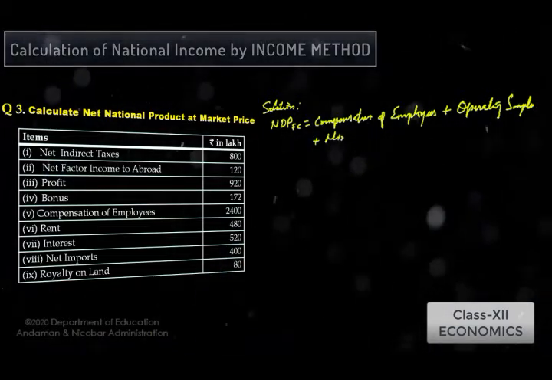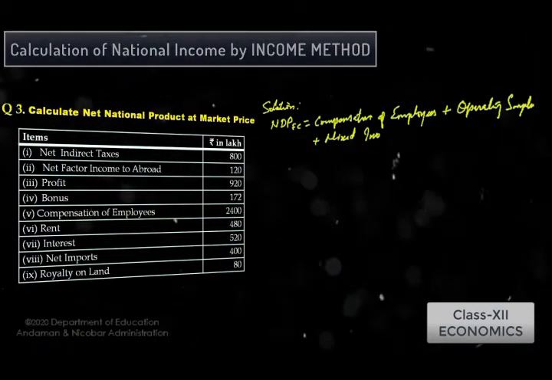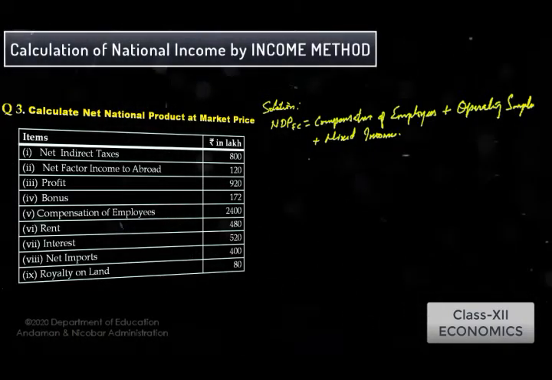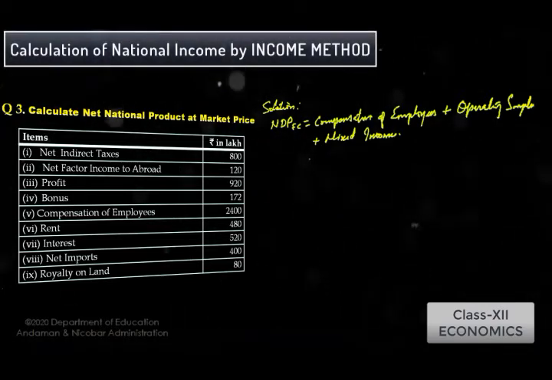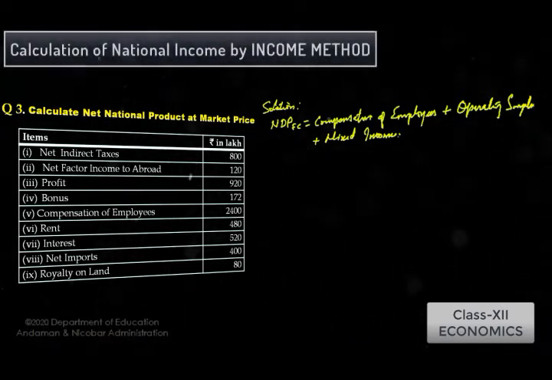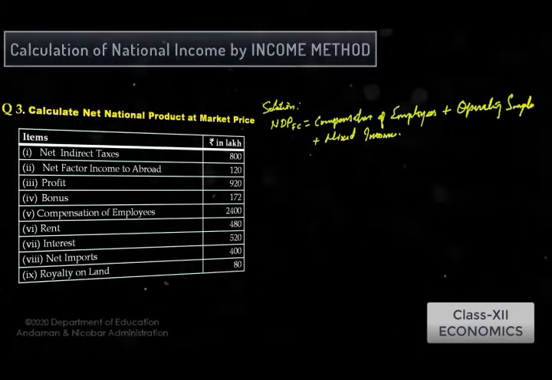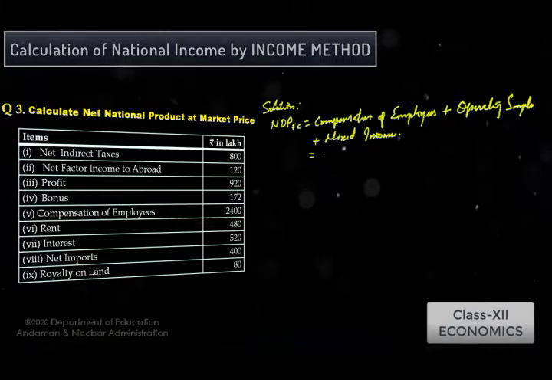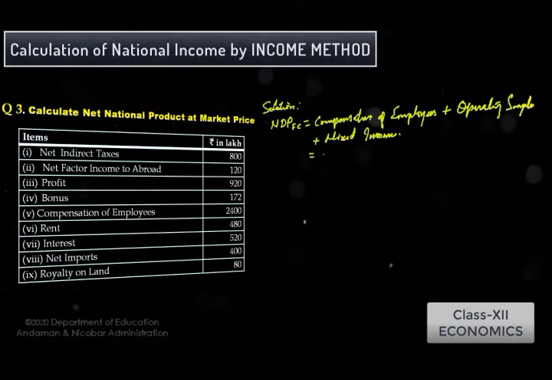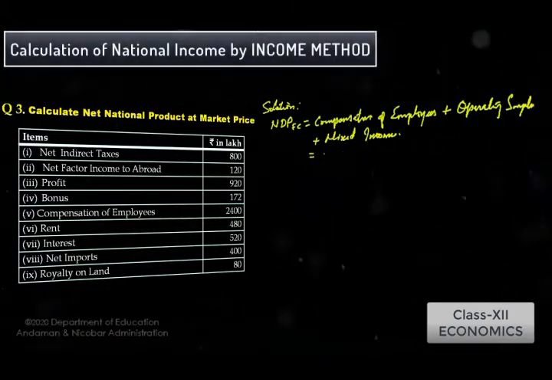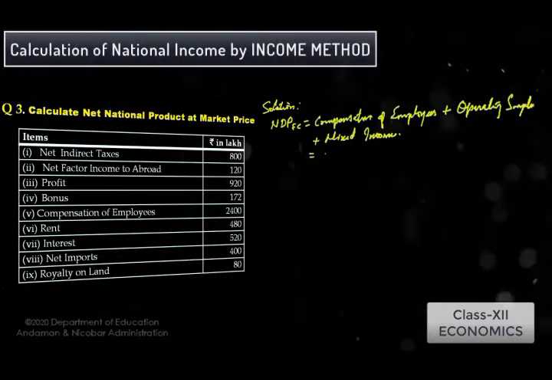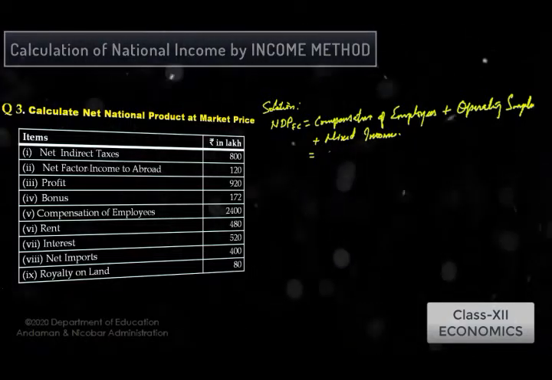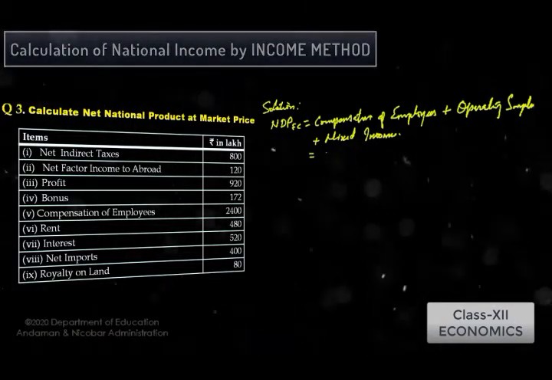The value of mixed income is not given in this table, but the other values, that is the compensation of employees value, and along with that the value of operating surplus, are given. In the operating surplus, there are two more items given in this question, that is the bonus and the royalty on land.